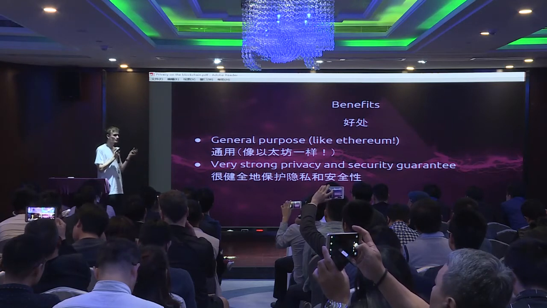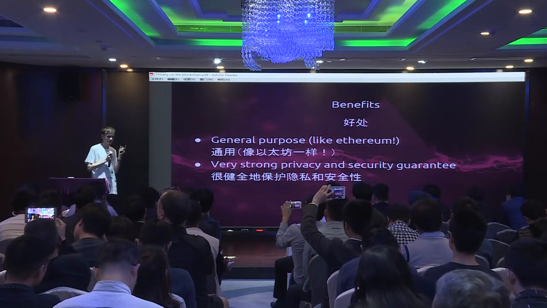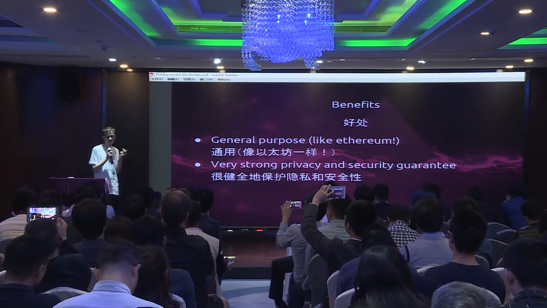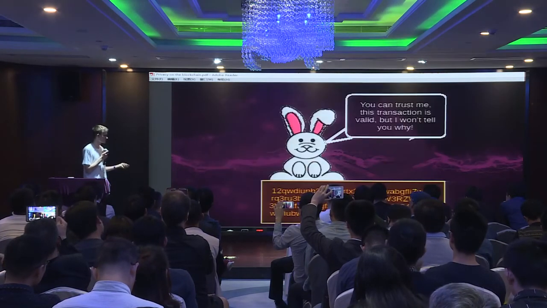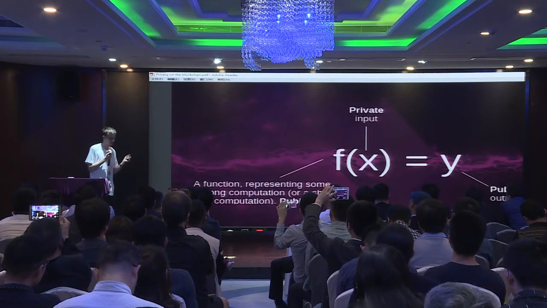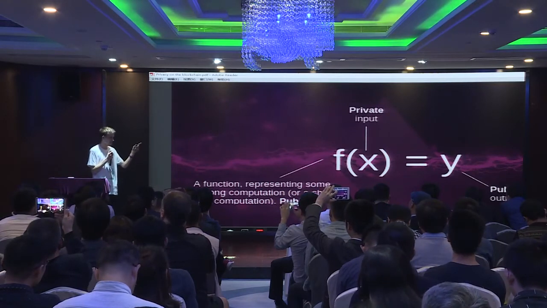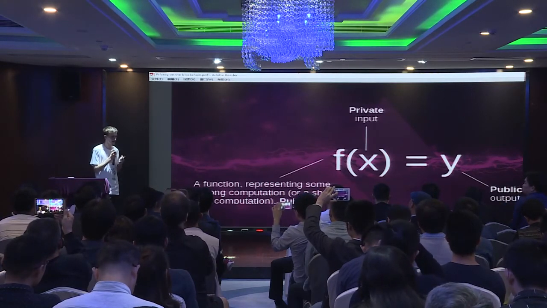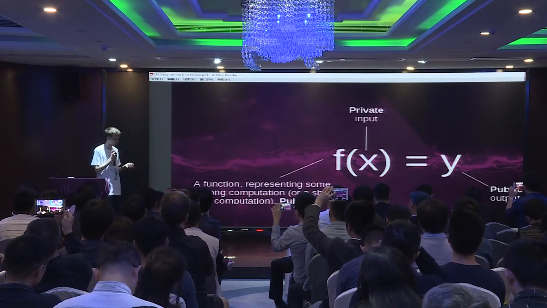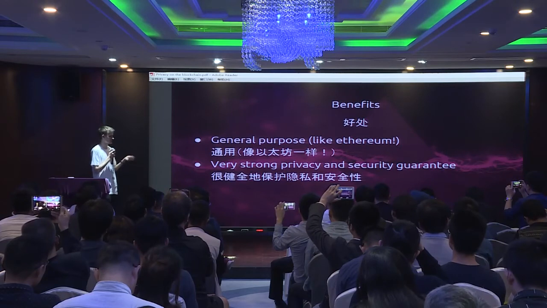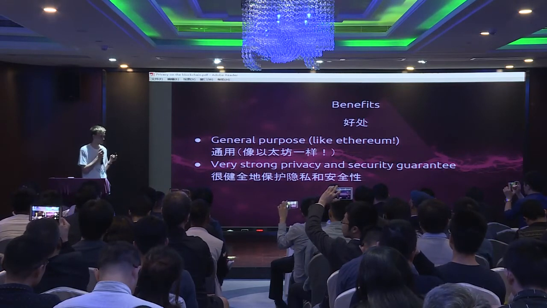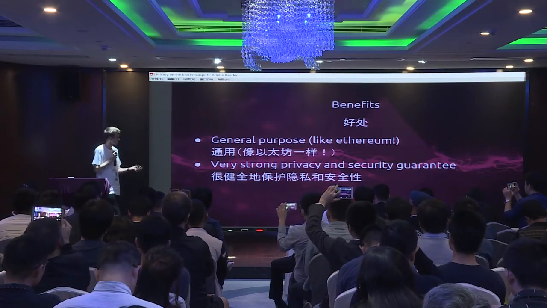But with zero knowledge proofs, you have fairly strong cryptographic mathematical guarantees that when you make a zero knowledge proof about some number, nothing else about that number is being revealed. So you have a strong privacy guarantee, and you also have a strong security guarantee.